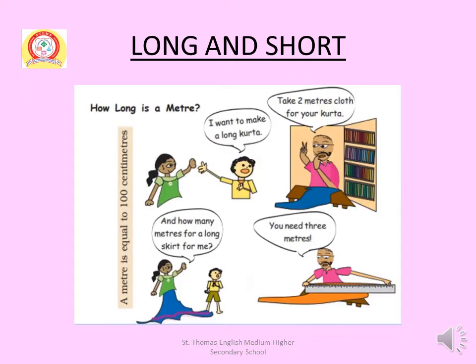How long is a meter? You might have gone to a clothes shop or a tailor shop. The shopkeeper or the tailor measures the cloth with a tape or a rod. The length of the rod is 1 meter. The tape may be more than 1 meter long.